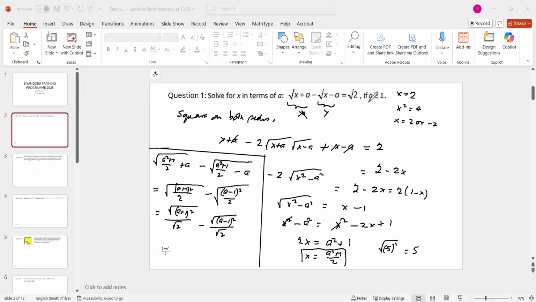Now, you see, they said a is greater or equal to 1. So far, we haven't used that. Now, if a is greater or equal to 1, then what is being squared here is a positive quantity. So I have a plus 1 at the top. That's okay. The square root of 5 squared is 5.